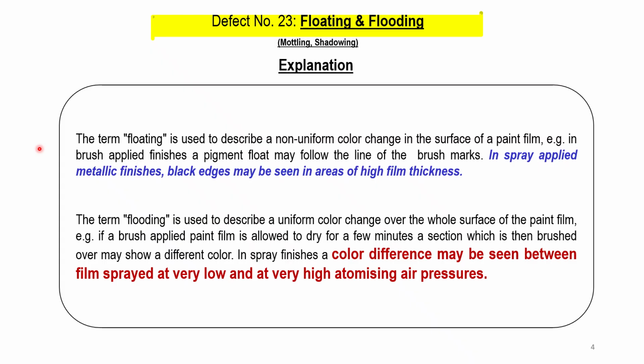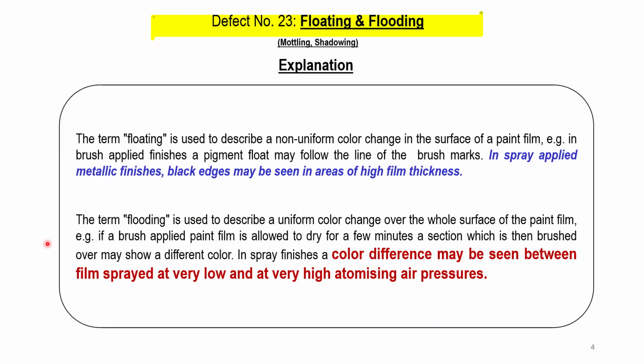In spray-applied metallic finishes, black edges may be seen in the areas of high film thickness. The term flooding is used to describe a uniform color change. So in both the cases, floating and flooding is color change over the whole surface of the paint film.